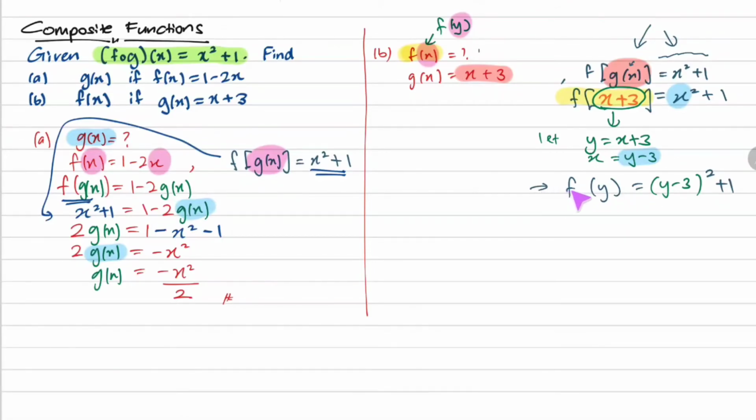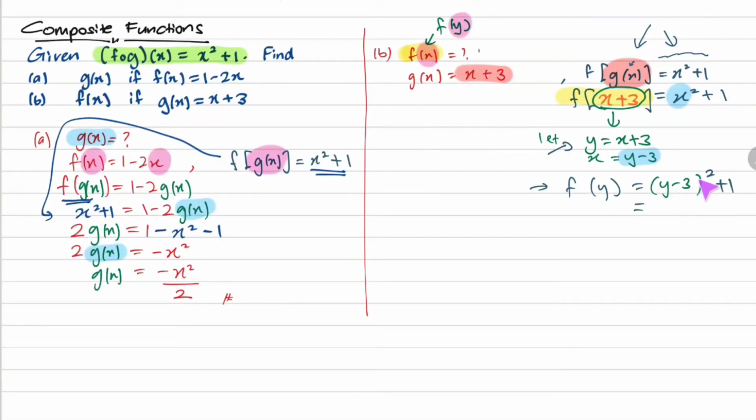The same thing here. If we have changed the unknown to be y, that means all of the variables on the right side must also be in terms of y. And the only way for us to change it is by using this definition that we have just let. Just rearrange it and you get x equal to y minus 3. Substitute it so that you get an equation in terms of y.